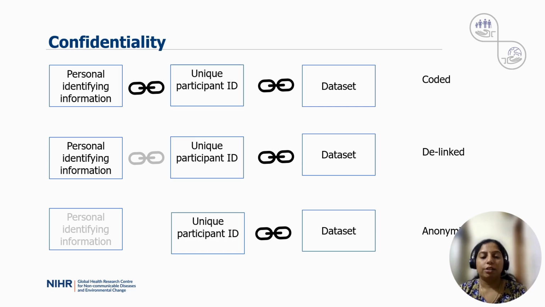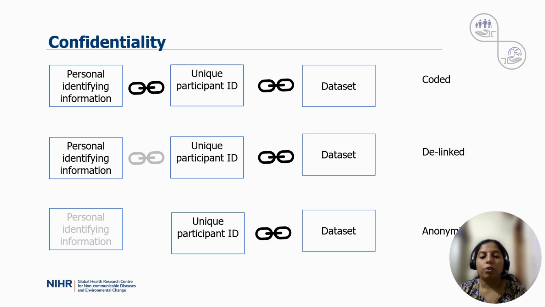The slide that you're seeing now explains the anonymization of personal identifying information. In the first row, the personal identifying information is linked with a unique participant ID, and this is called coding. Now that is a coded data set. In the second row, the personal identifying information is delinked from the unique participant ID.